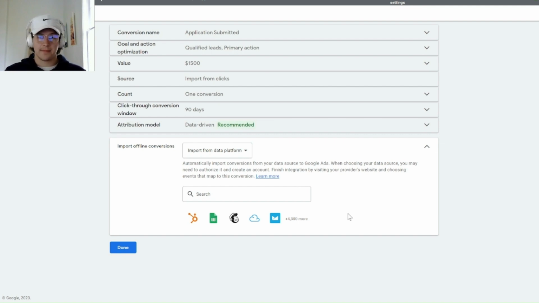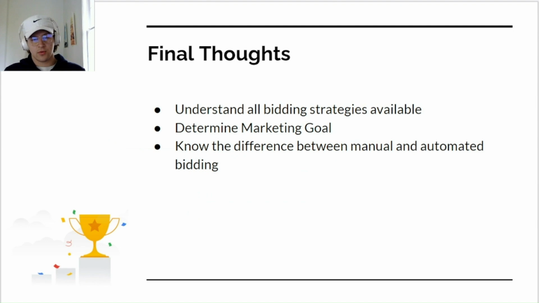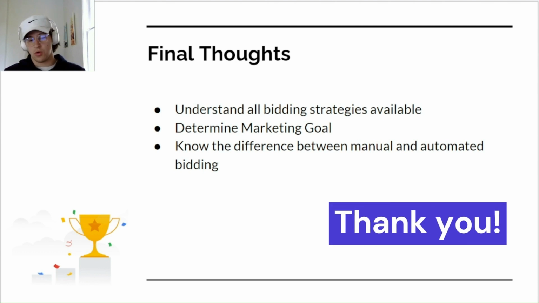Okay, so now that we ran through Google Ads, you should have a good understanding of how to decide on the correct bid strategy, and how to build out your conversion value in a meaningful way if you're going to leverage value-based bidding. But I wanted to discuss final thoughts. So understand all the bidding strategies that are available so that you know exactly what bidding strategy is going to solve your marketing goal, right?